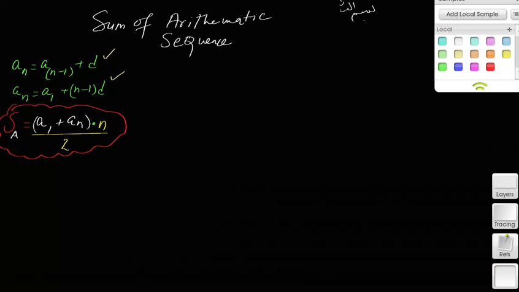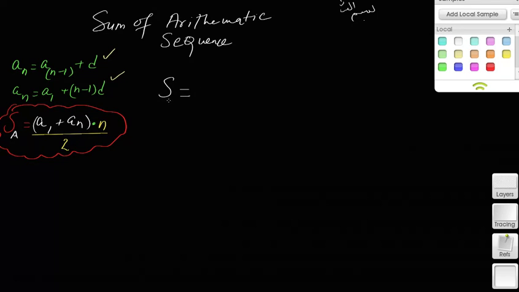I guess the first thing we have to say is, what do we mean by finding the sum of a certain number of terms? So for example, if I'm given a sequence such as a sub 1 and then a sub 2 and then a sub 3 plus dot dot dot all the way up to a sub n, to find the sum of these, what we really want to do is create a series.